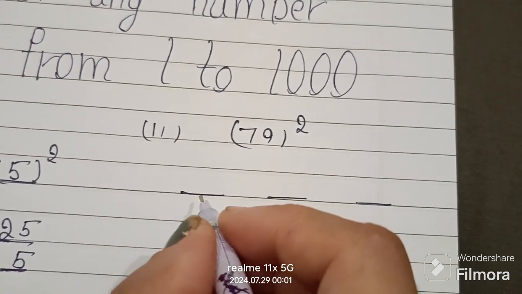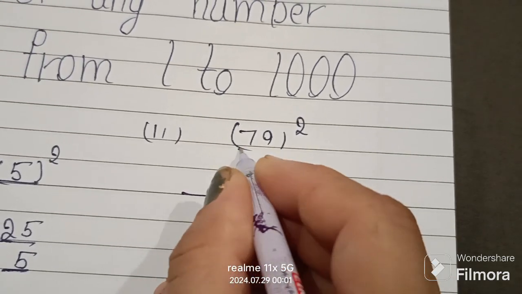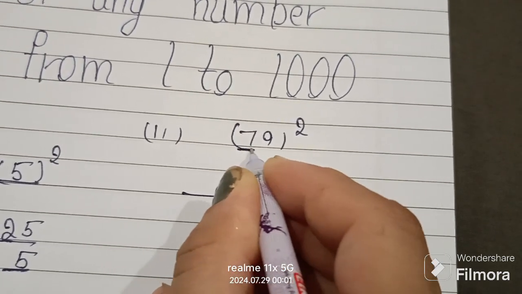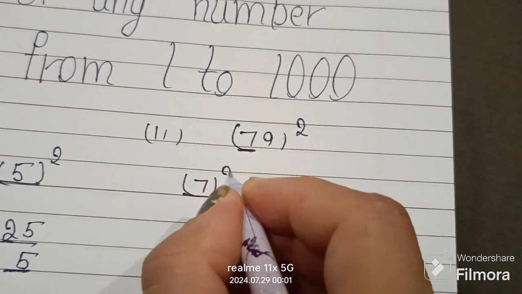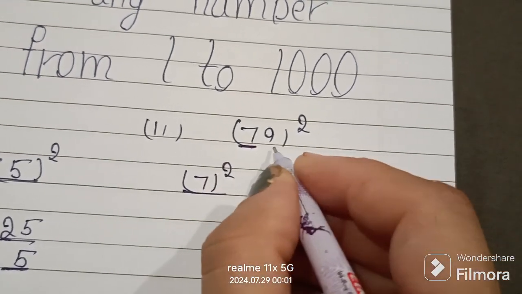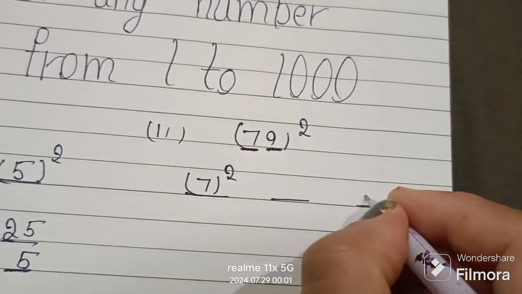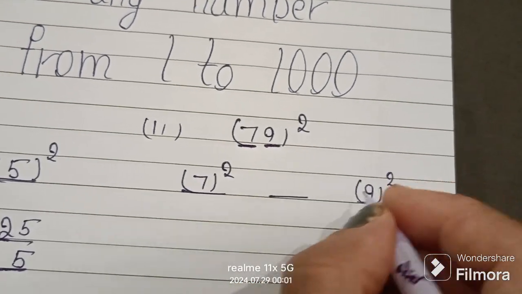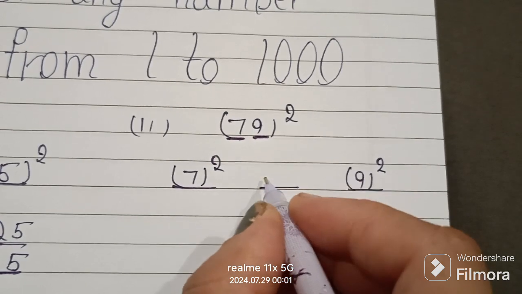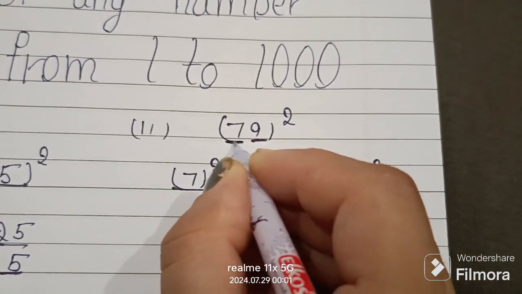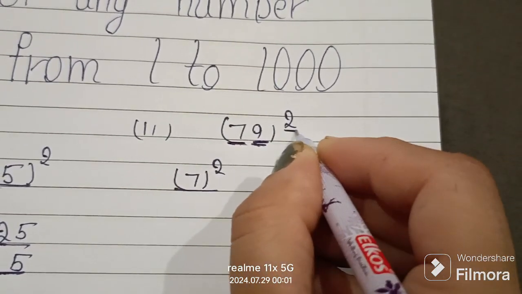In the first part, I am going to write the square of the digit at tens place. In the last part, I'm going to write the square of the last digit. And in the middle part, I am going to write the product of these three numbers.